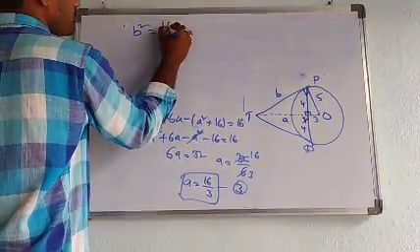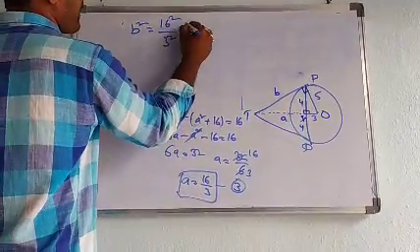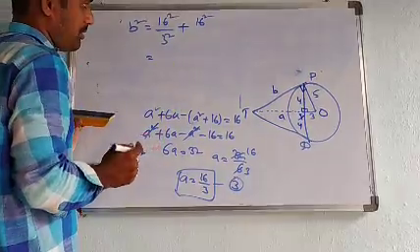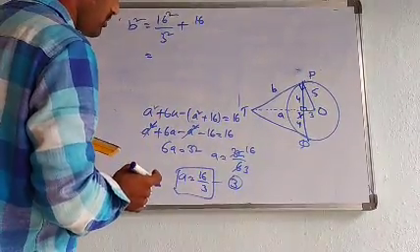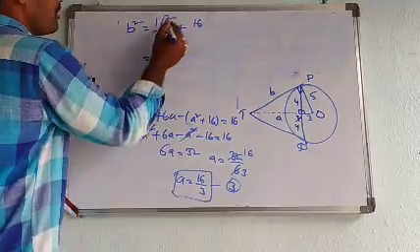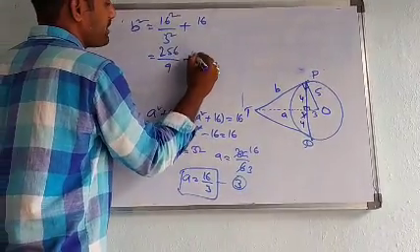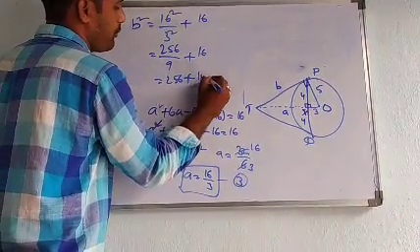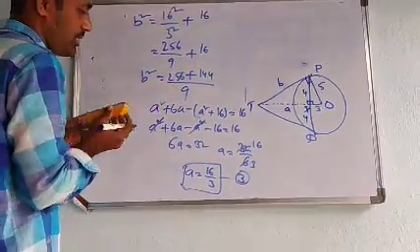It will be 256 by 9 plus 16. So 256 plus 16 nines are 144, all by 9, which is nothing but B square.